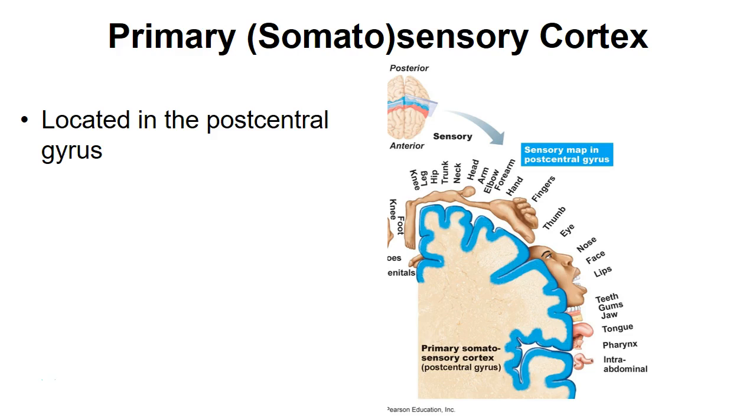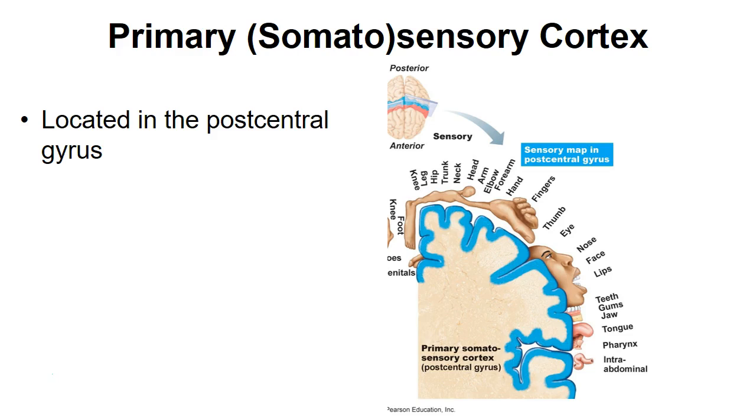Now, the actual mapping of this: the different regions of this primary somatosensory cortex can be mapped to different regions of our body. And you can see that some of these regions are larger, some of them are smaller.